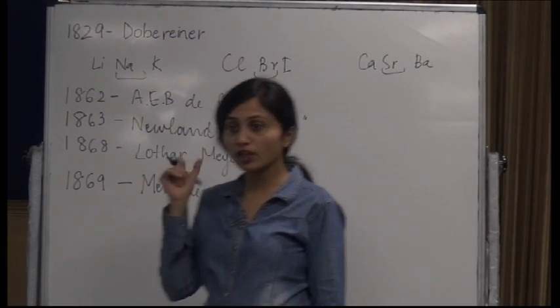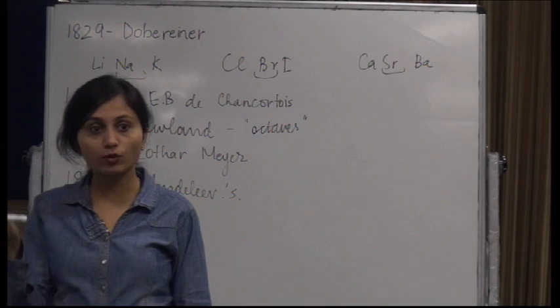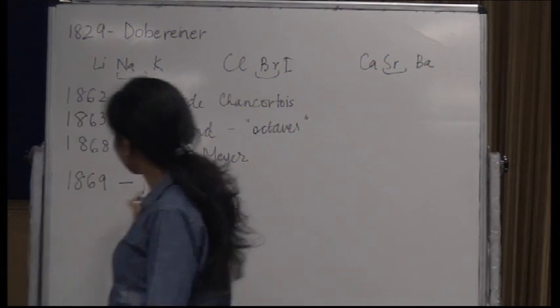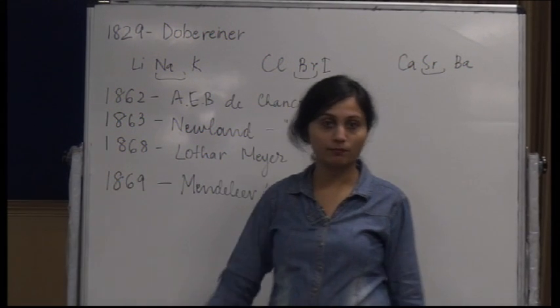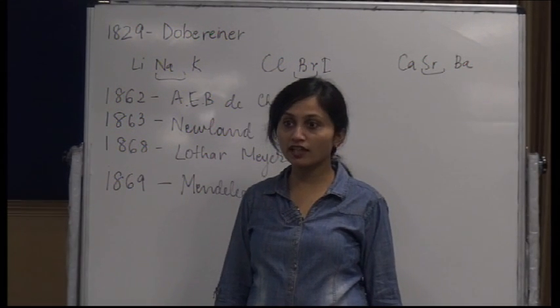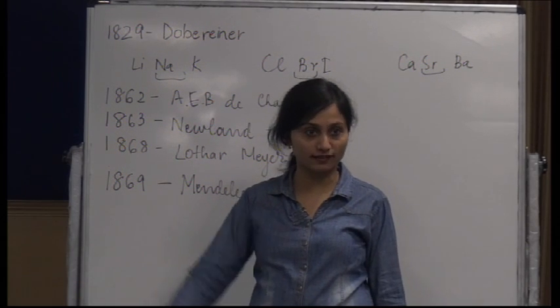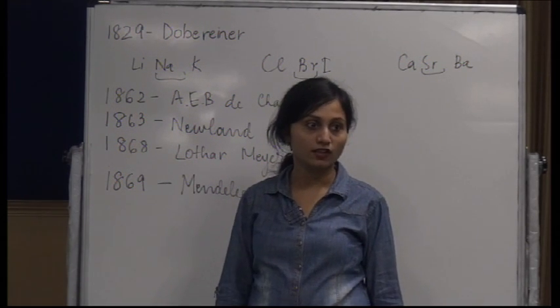But what was the problem with Mayer? Before he could actually communicate his paper or publish his paper, Mendeleev gave his periodic table. Got it? So the moment you do something, you should immediately make sure that it comes before the world. What happened?